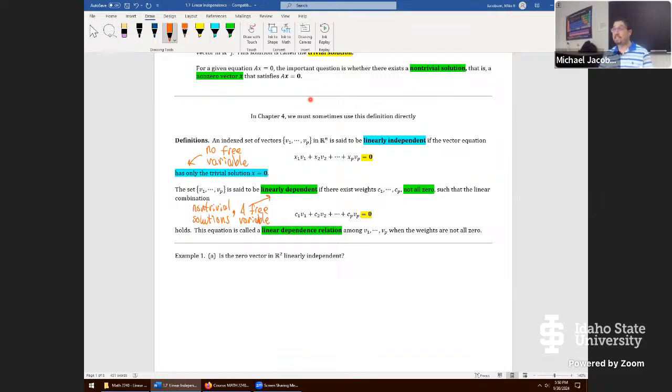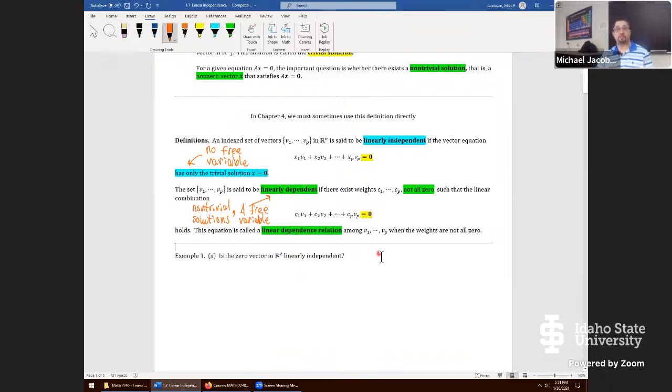This is the only way to find dependence for certain kinds of vector spaces, because we can have vector spaces that don't necessarily look like R2. They could be function spaces. They could be wild abstract objects. And if we're defining independence and dependence, it has to be through the vector equations for those kinds of spaces.